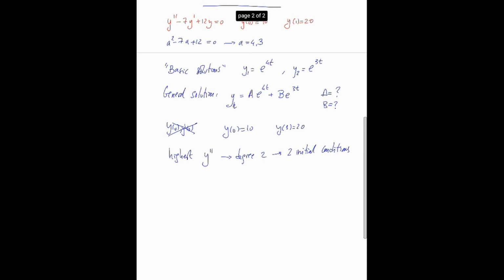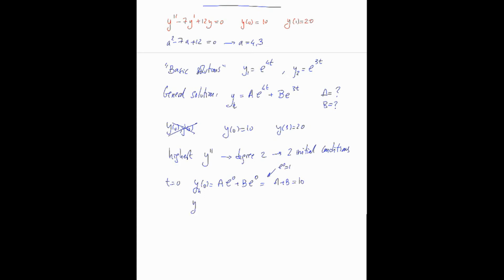So what is it? We have y of t, y of 0 is a, a number to be found, times e to the 0 plus b times e to the 0. Now e to the 0 is 1, so that equals a plus b, and that has to be equal to 10.